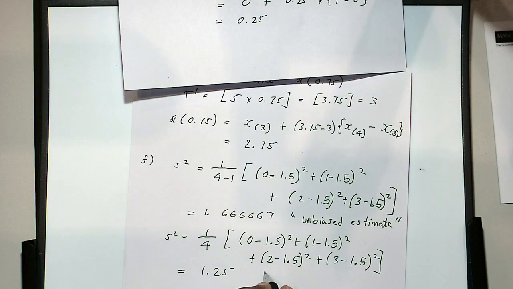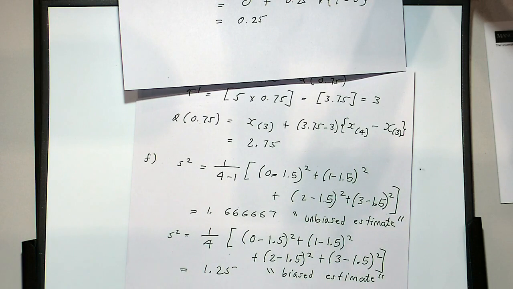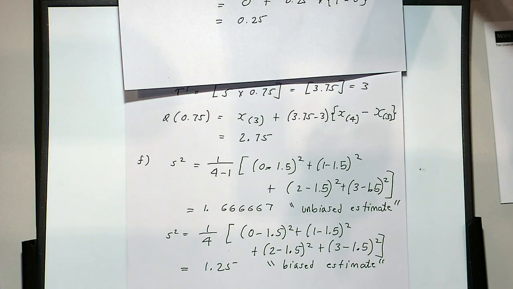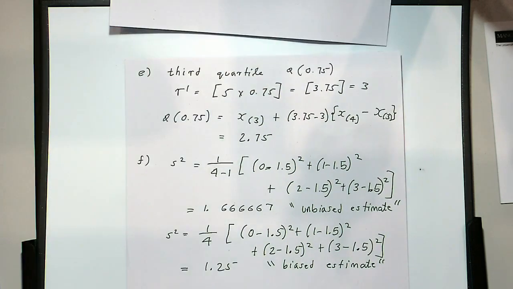So this is the biased estimate of the sample variance. All right, you follow me? Yeah. All right, the next is, so that's G.